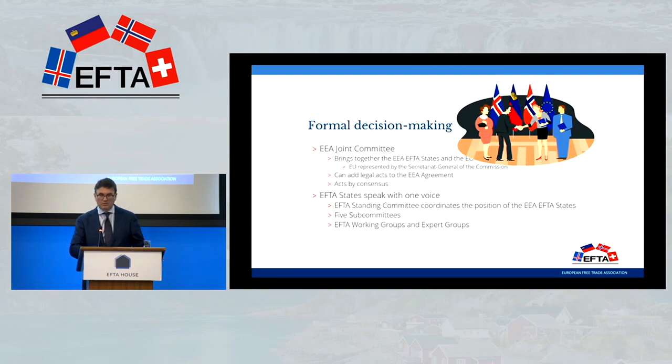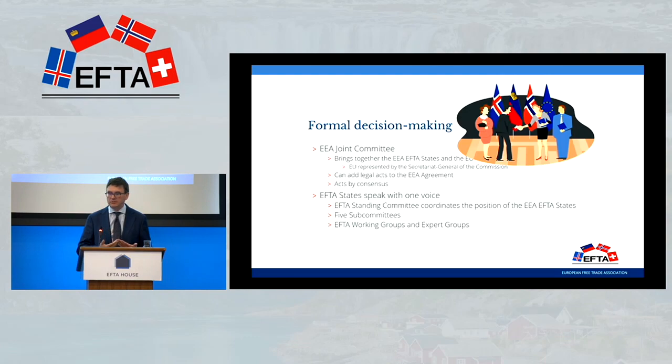So I've explained why we have this institutional setup, why we are always evolving the agreement, and what that actually entails. But then the question is, who are the ones that take the decision? It is the EEA Joint Committee that is empowered under the agreement to take new EU legal acts and make them part of the agreement.